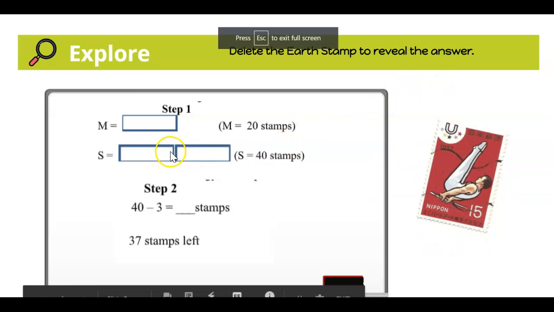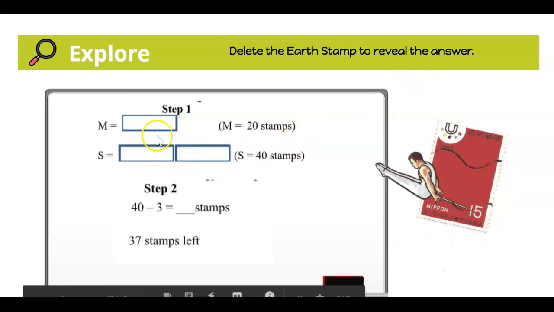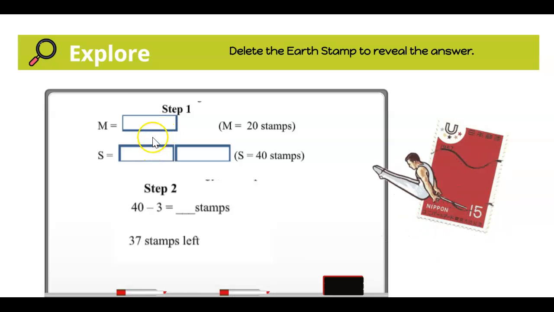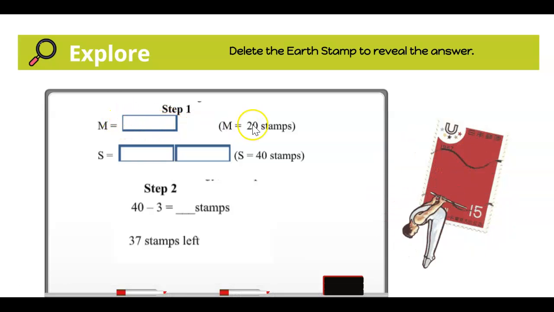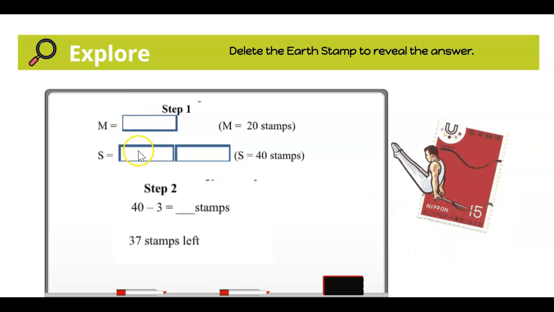All right. So Marcia had 20 stamps. The first part up here is indicating Marcia. Marcia had 20 stamps. So let's say that this little part represents 20, okay, for Marcia. And then her sister, and the S stands for the sister. The sister had twice as many as Marcia.